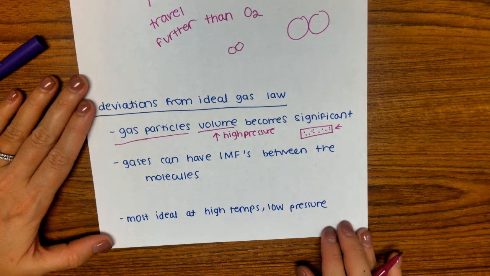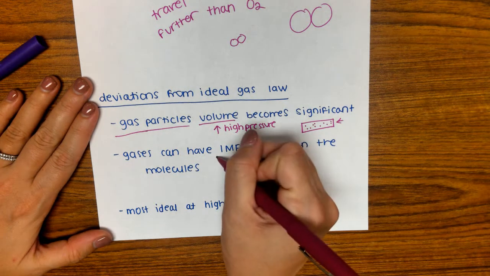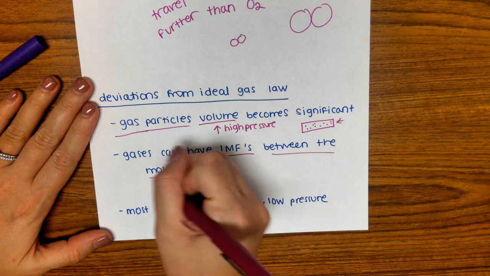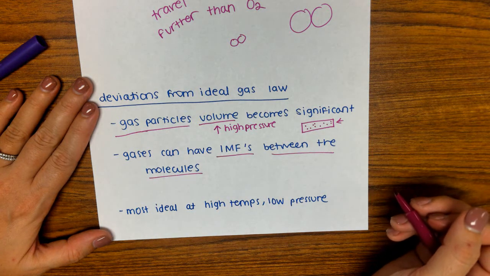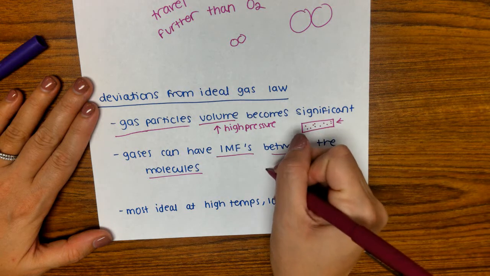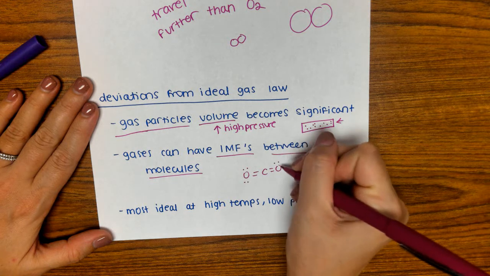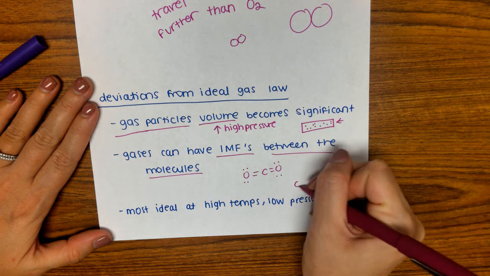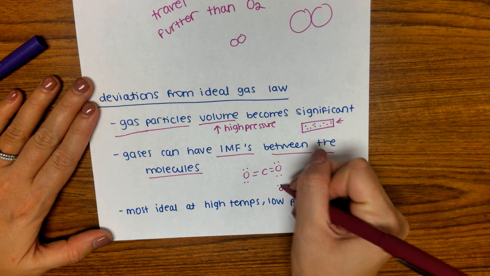And then also, real gases do have intermolecular forces between the molecules. Let me think of a gas. Even carbon dioxide. CO2 is nonpolar and will have London dispersion forces, which are still attractive forces between one another.